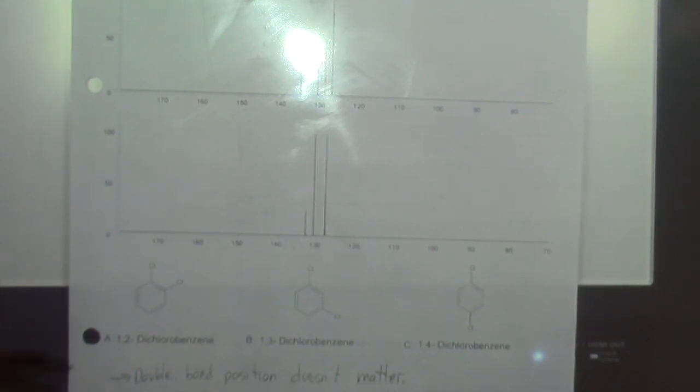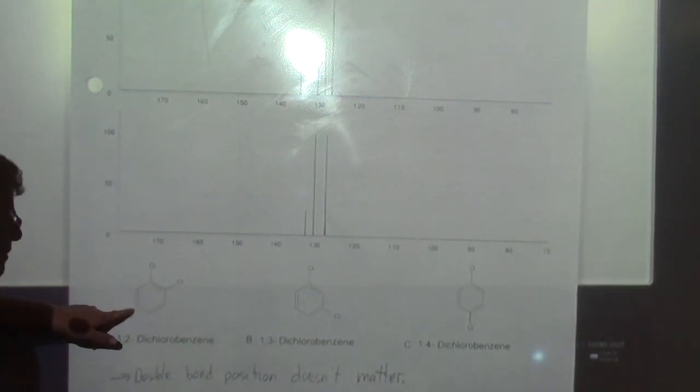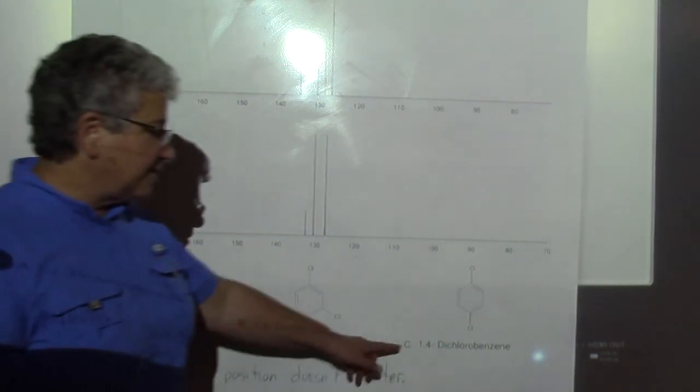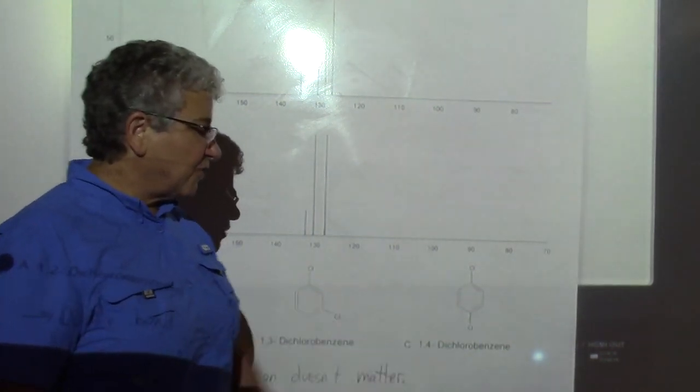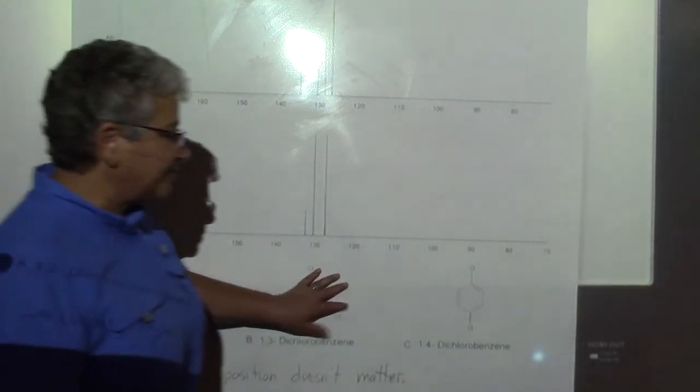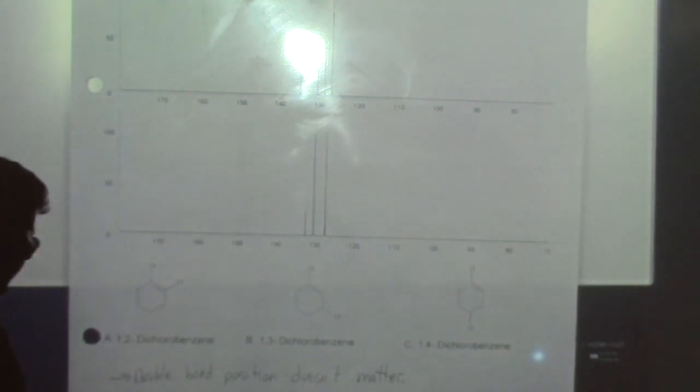So on the bottom, you have compound A, which I have named 1,2-dichlorobenzene. Compound B is 1,3-dichlorobenzene. Compound C is 1,4-dichlorobenzene. And it doesn't matter what the names are, just call this A, and call this B, and call this C.